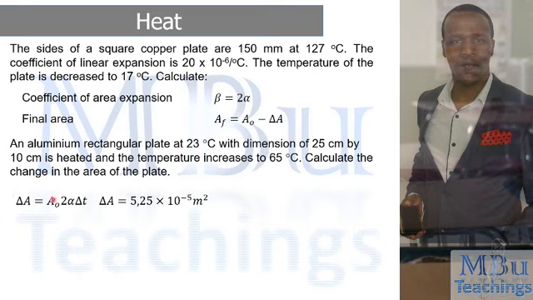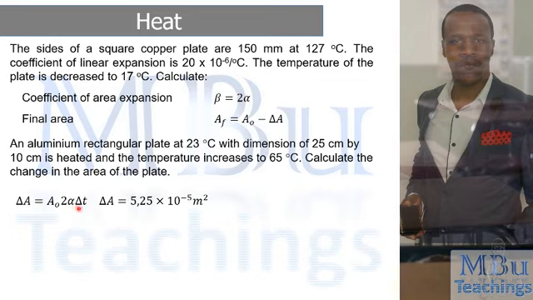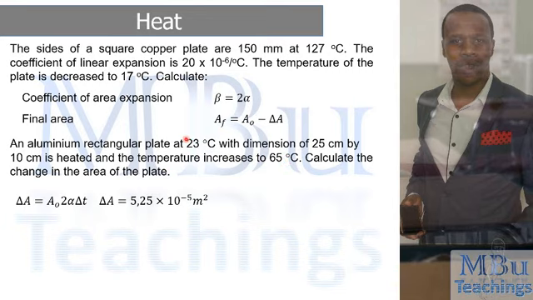Now can you see the formula I was talking about? Here it is. By using it, it's area times beta. Beta is equal to 2 alpha, times delta T. So delta T will be the difference between those, because you see that is the temperature of the plate.